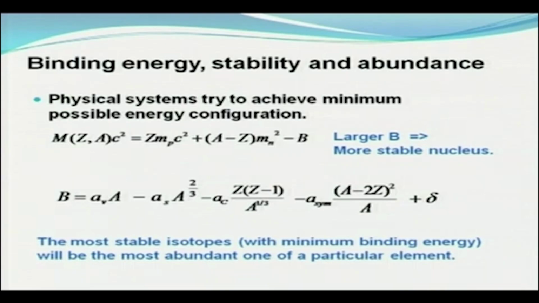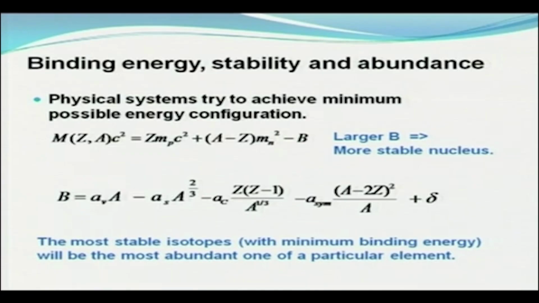The value of Z corresponding to that will tell us that that is an extremum, and if we find that the second derivative of B with respect to Z is negative for this Z value, then we could say that it corresponds to the maximum B value.